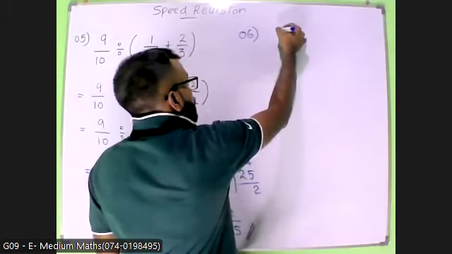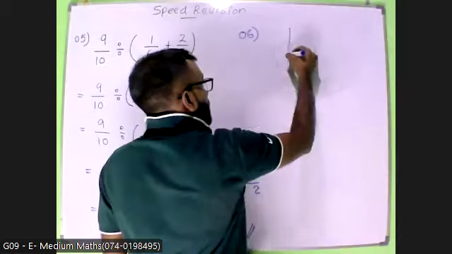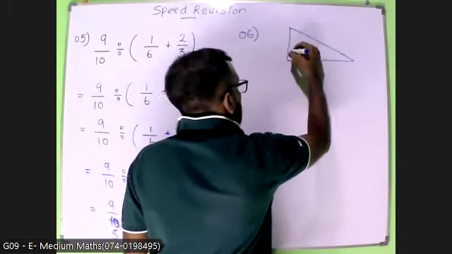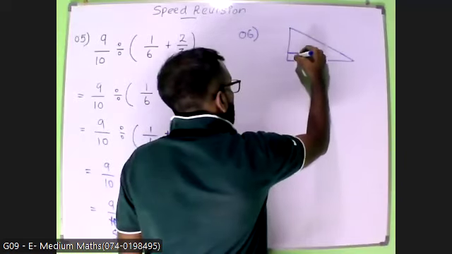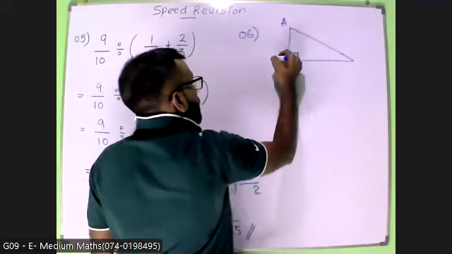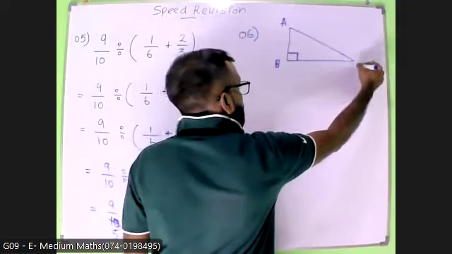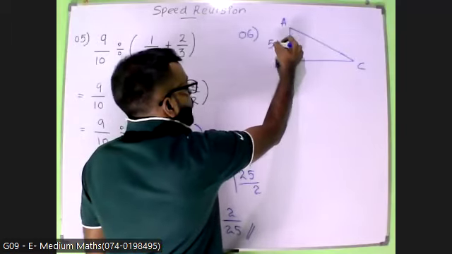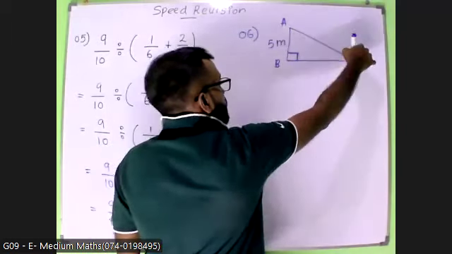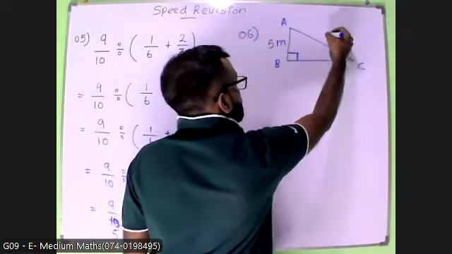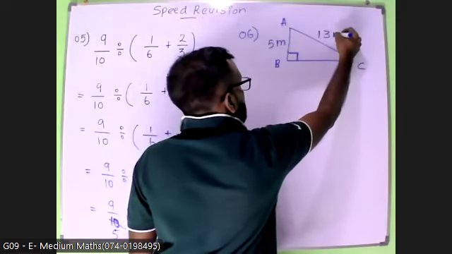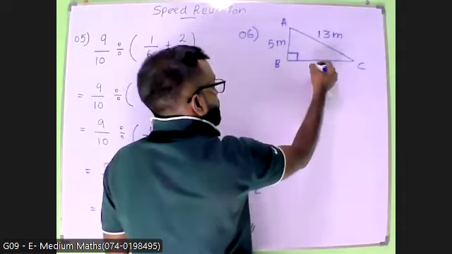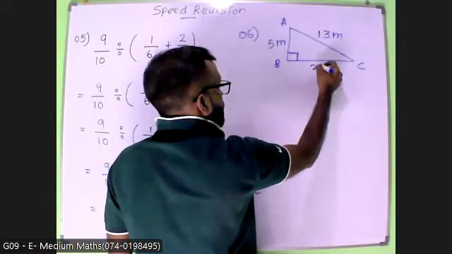So this is your right angle triangle, A, B, and C. This leg is 5 meters. Your hypotenuse is 13 meters. You have to find the length of BC. I will take it as x.